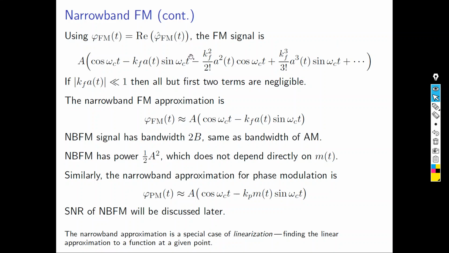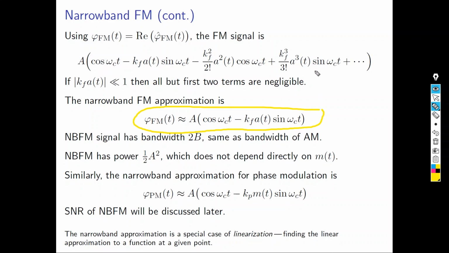You will be only left with these two terms, and the narrowband FM approximation in this case can be written in this equation. This is the narrowband FM approximation. It's basically cosine omega ct plus minus kf a of t sine omega ct.